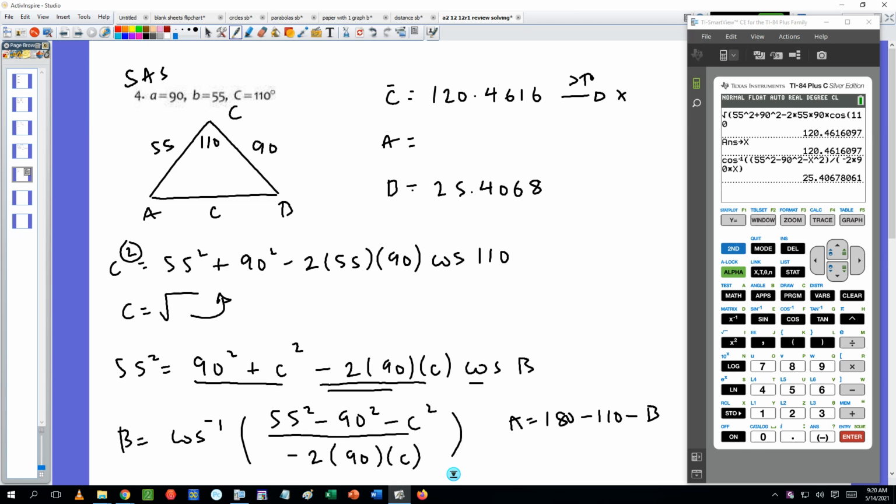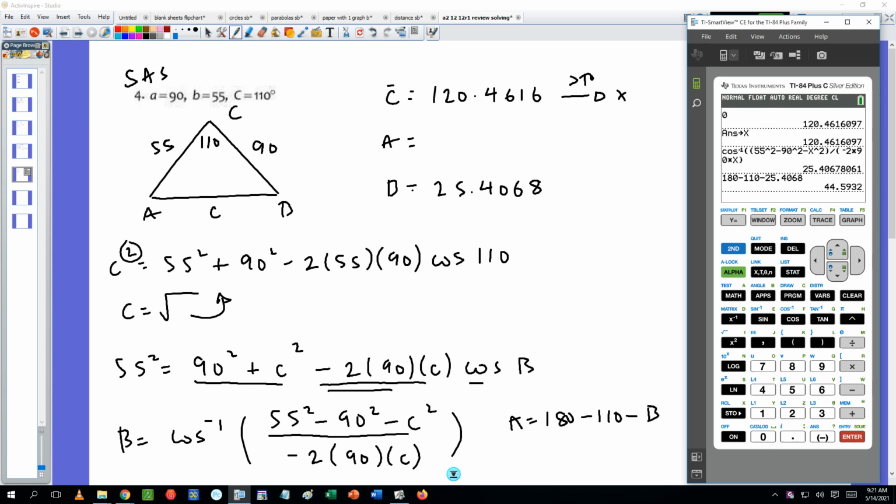And then to figure out angle A, I'll go 180 minus 110 minus 25.4068, 44.5932.